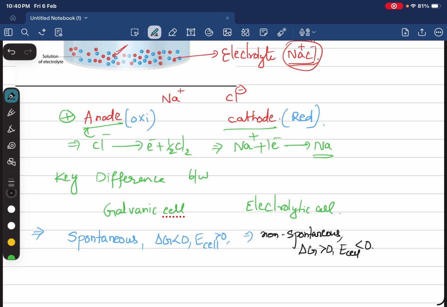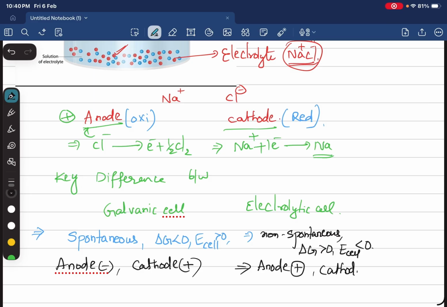And here the anodic sign will be negative, cathode sign is positive. I have explained the reasons also in that video, you can watch. It is very clear and good. In the electrolytic cell, the anode will be positive, cathode will be negative. This is very normal.